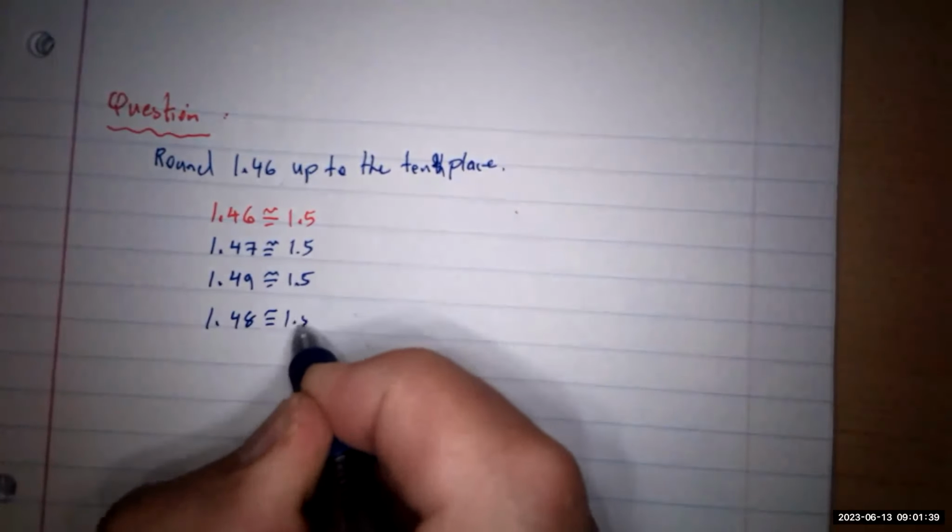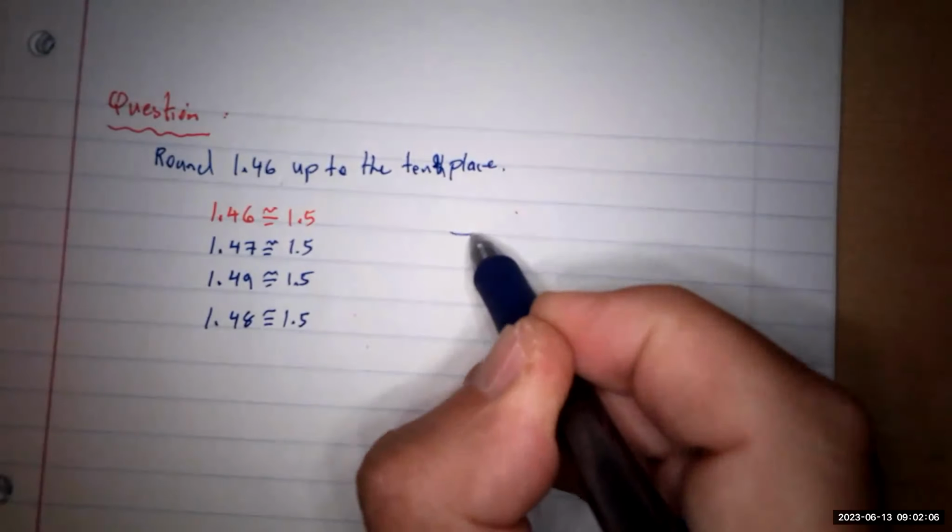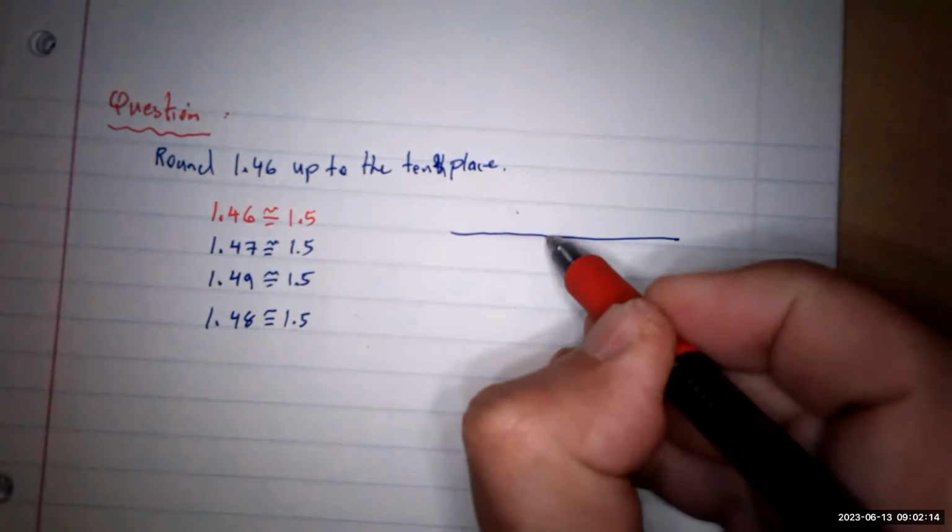You see, 1.48 to be 1.5. When we round it up to 1.5, there are going to be many numbers that, if you round them, you get 1.5. The target that you have over here is going to be 1.5.